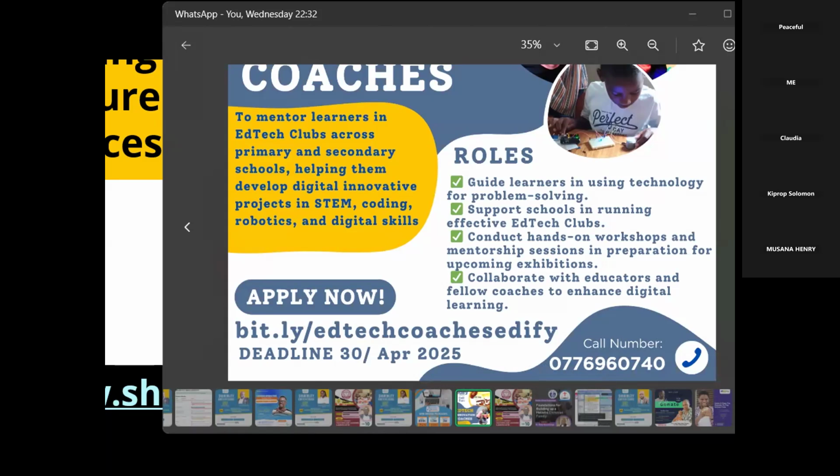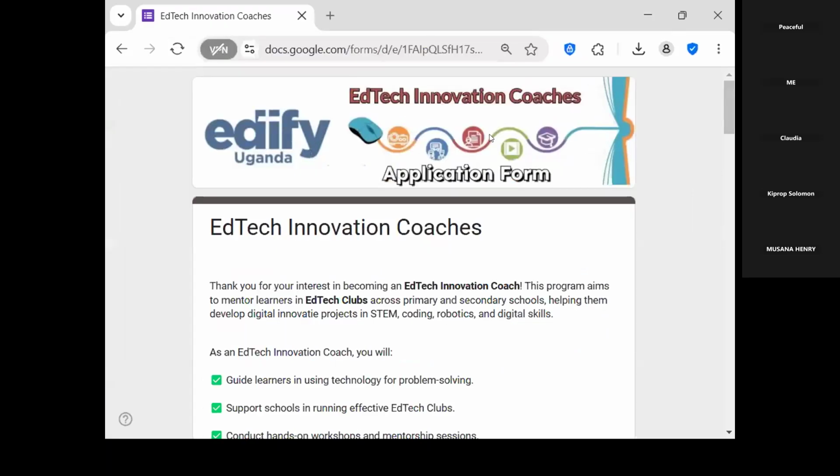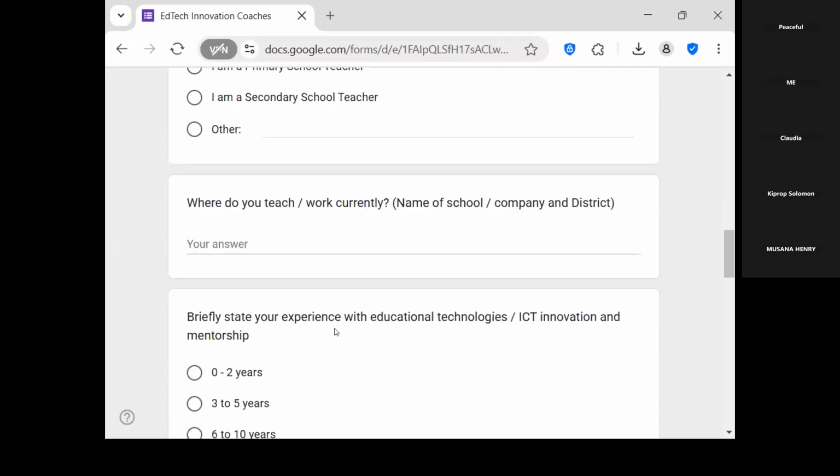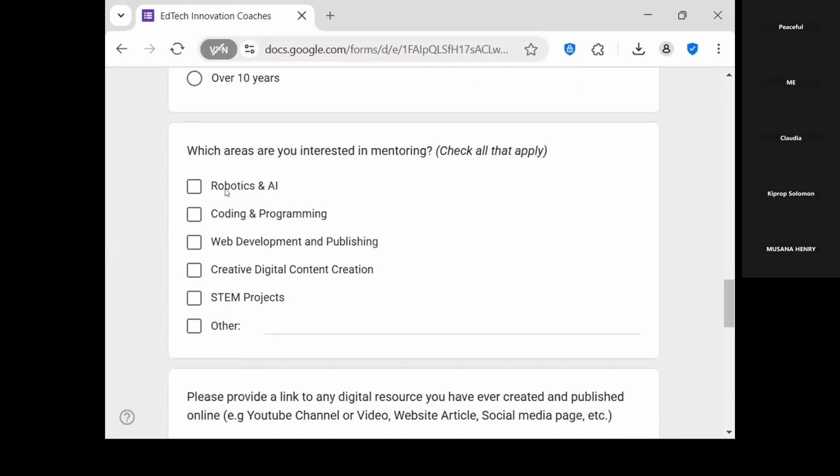We are going to create a TOT. We are going to invite you to a physical workshop where you will learn more about mentoring clubs, and then we shall allocate you schools where you will go and mentor the learners. After mentoring them, we are going to organize a club competition where learners are doing programming, content creation and other things listed in the form: robotics, coding and programming, web development, creative digital content creation, and STEM projects.